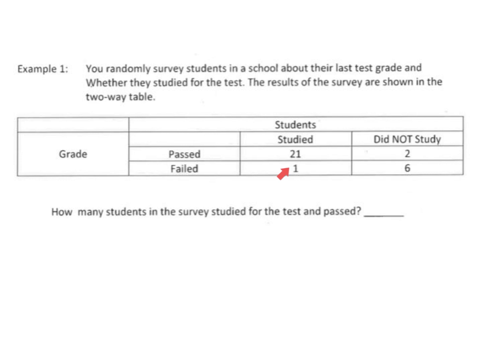Notice how this is the students who failed and studied, and these are the ones who failed and did not study. So let's answer the question, how many students in the survey studied for the test and passed? So studied and passed, that would be 21.